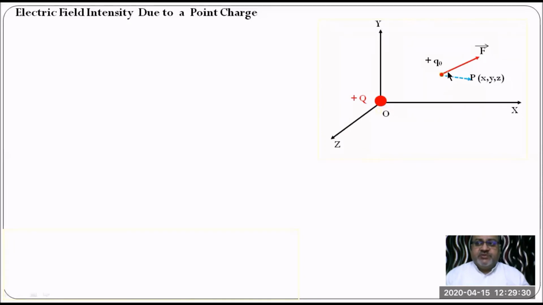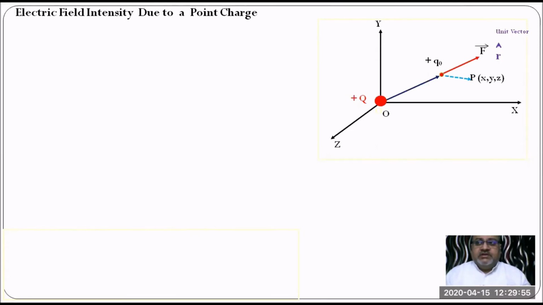This is the force experienced by this plus Q naught test charge. So we take a unit vector along this force. R cap is the unit vector. We always define a unit vector, it helps to give the direction.